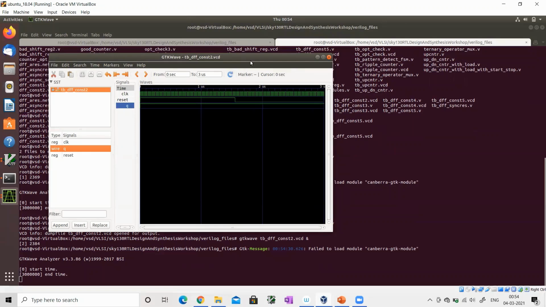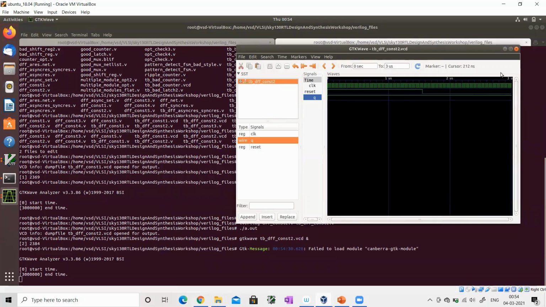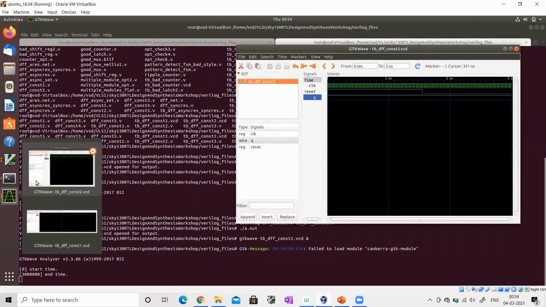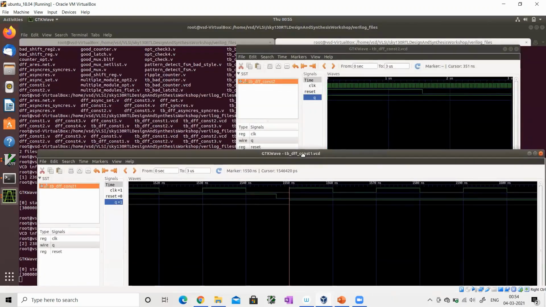Now you see here, whether there's a reset, whether there's a set, doesn't matter. Q is always 1. In contrast here, if you see, I have to wait for the clock for Q to become 1.